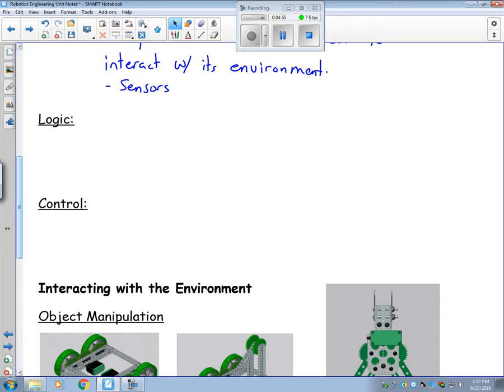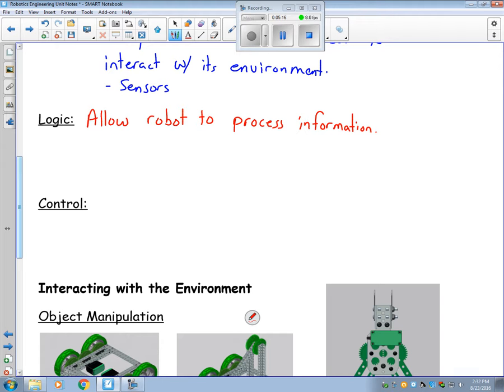The next category is the logic. So this will be all parts that allow the robot to process information. So when the sensors send data, that data has to go somewhere.